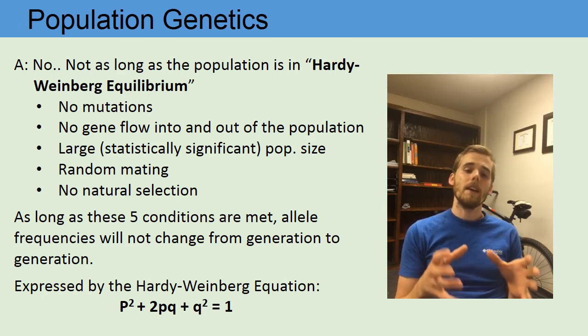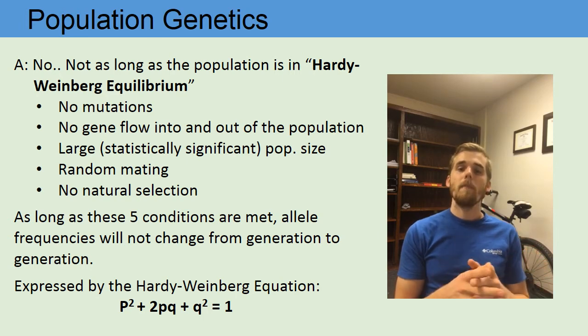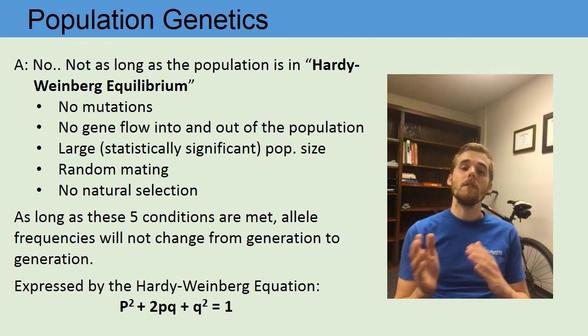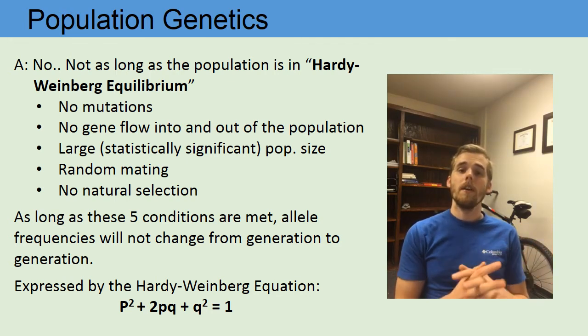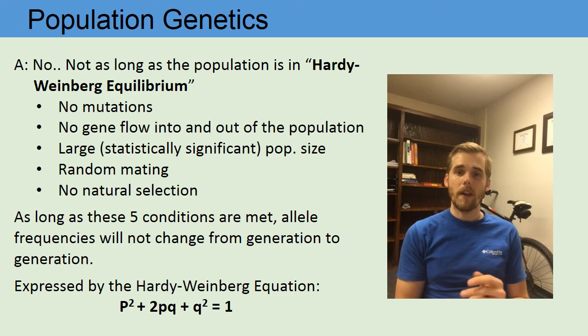It provides a basis, a standpoint, a reference point by which we can measure evolutionary change, changes in allele frequencies, the amplitude, magnitude, and direction of those changes. So if any one of these 5 conditions is violated, which is the case for all naturally occurring populations, that must mean evolution is occurring.